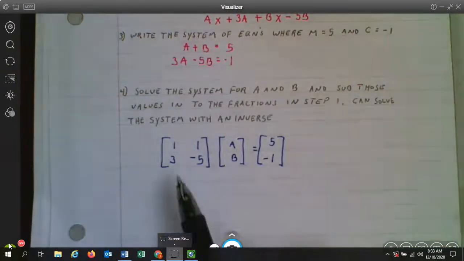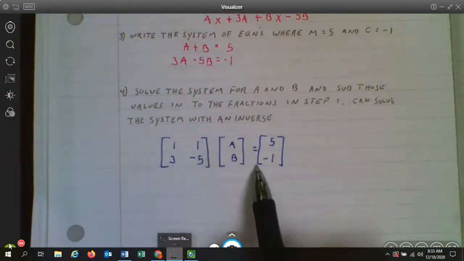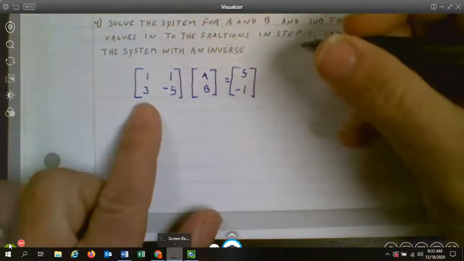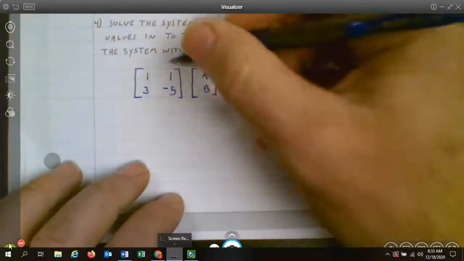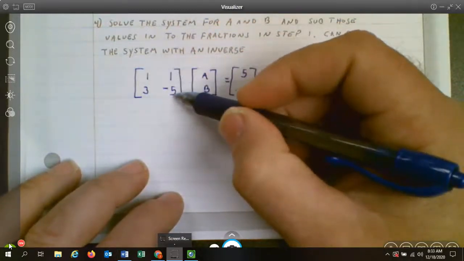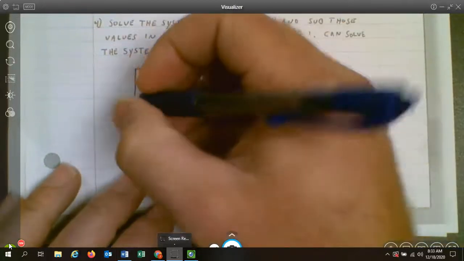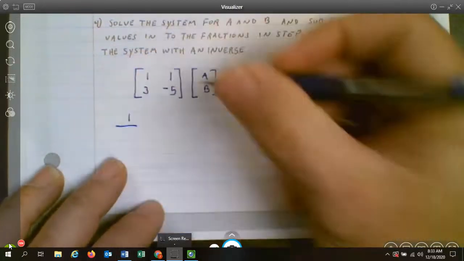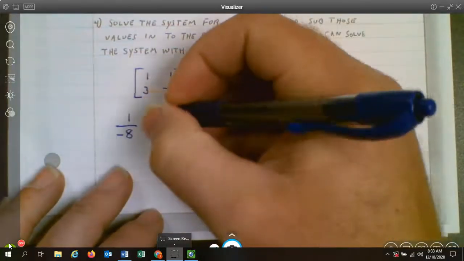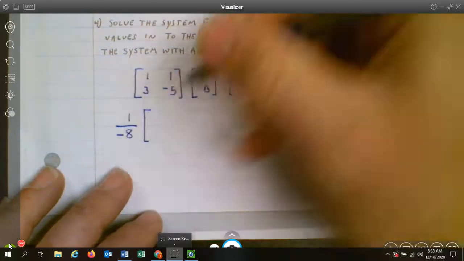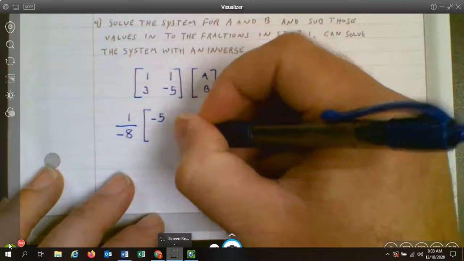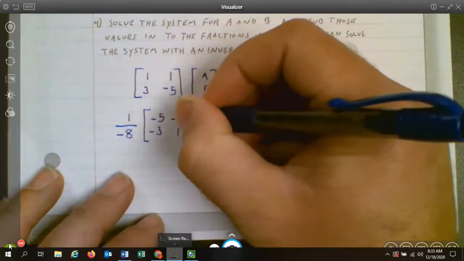So again, I want to do the inverse of this times this to figure out what A and B are. So if I take the inverse of this guy, I got 1 over the determinant, so negative 5 minus 3. Let's see, negative 5 minus 3, so negative 8. And then remember, we multiply that times this altered matrix where those guys trade places. These guys change signs.